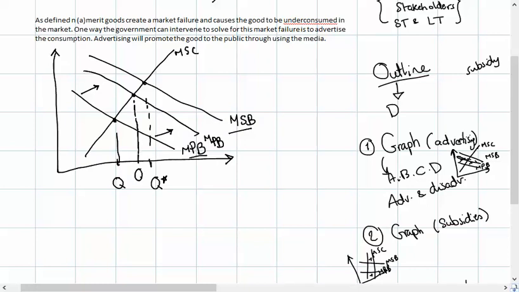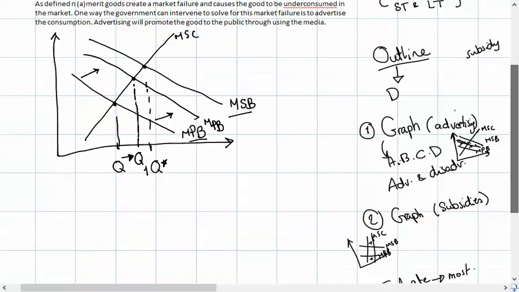So I'm going to label it as Q1, and the arrow shows the shift between before the advertising and after the advertising. Label the axis. This is something you may forget amidst all of the mess of the question, but don't forget to do it. Label the diagram itself, because you are going to refer to it, especially when you're drawing more than one diagram.